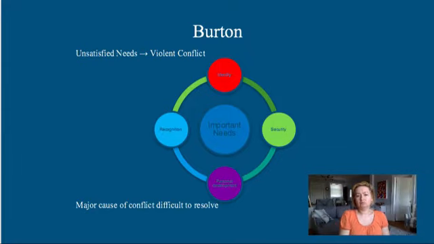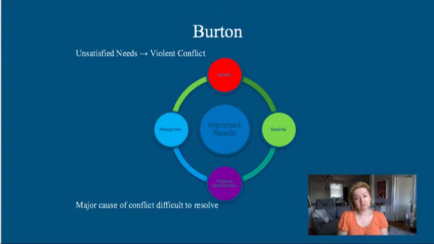So Burton, as we said, did not create this theory, but he applied it to our field and to real-life conflict. He argued that there are certain human needs that need to be fulfilled for humans to live in a peaceful society.